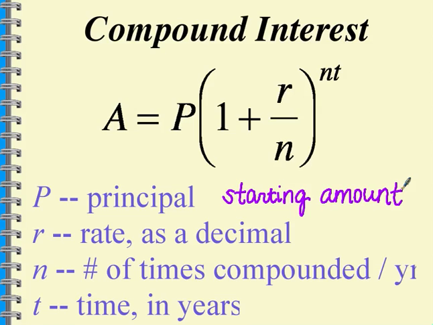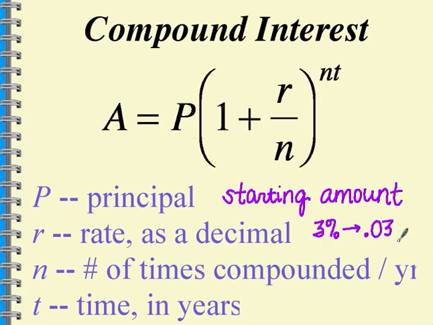R is your rate as a decimal. You always put this as a decimal and get rid of the percent sign. So an example would be that 3% is actually 0.03. N is the number of times compounded per year. So if something's compounded quarterly, which you see a lot, that would be 4 times a year.